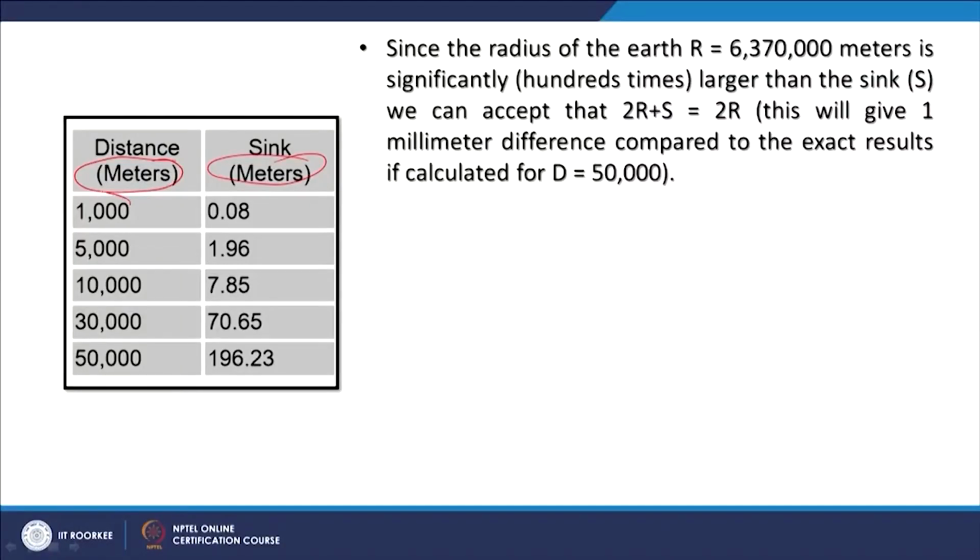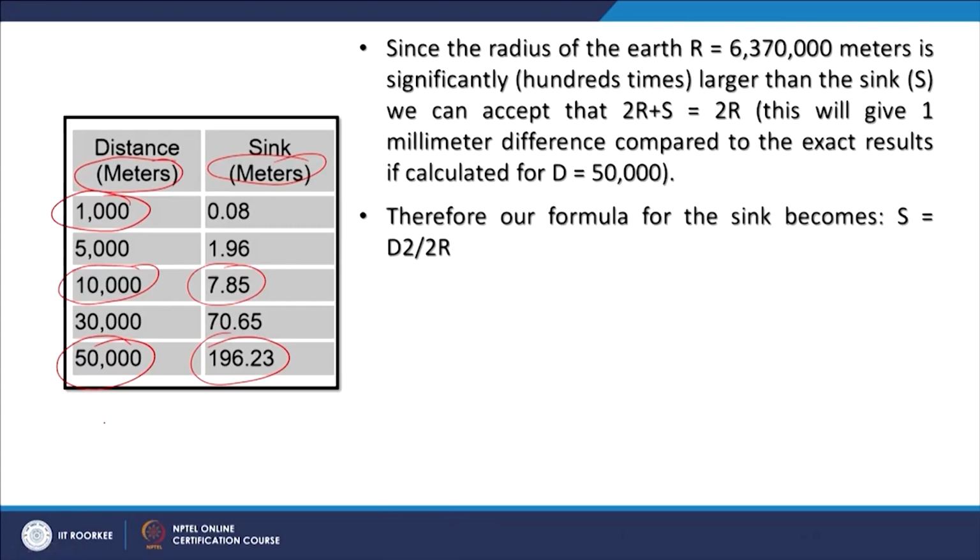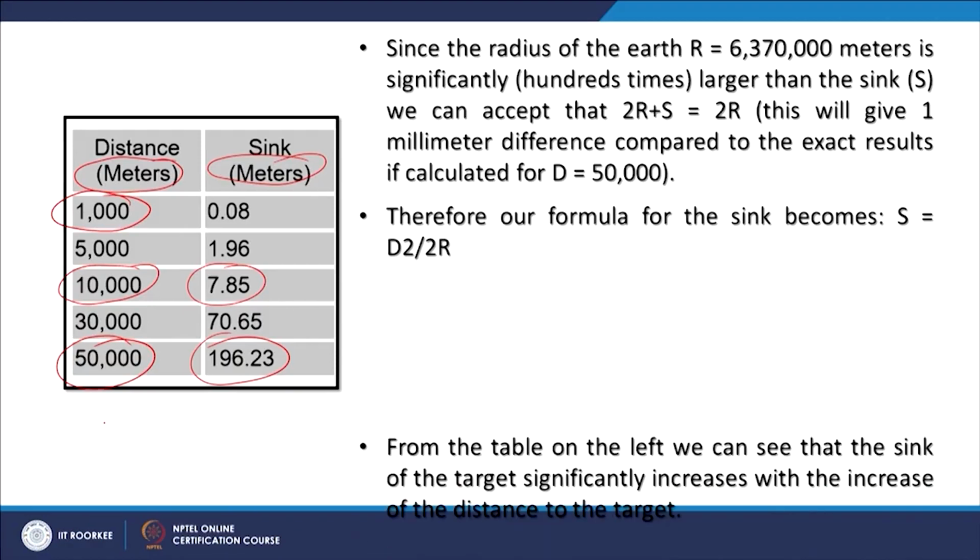So, for 1000 meters the sink is just 0.08 meter, but for 10,000 meters, that is 10 kilometers, the sink may be 7.85, roughly 8 meters. And similarly for 50,000 meters, it is 196 meters, which is very significant. So therefore, these play a very important role.